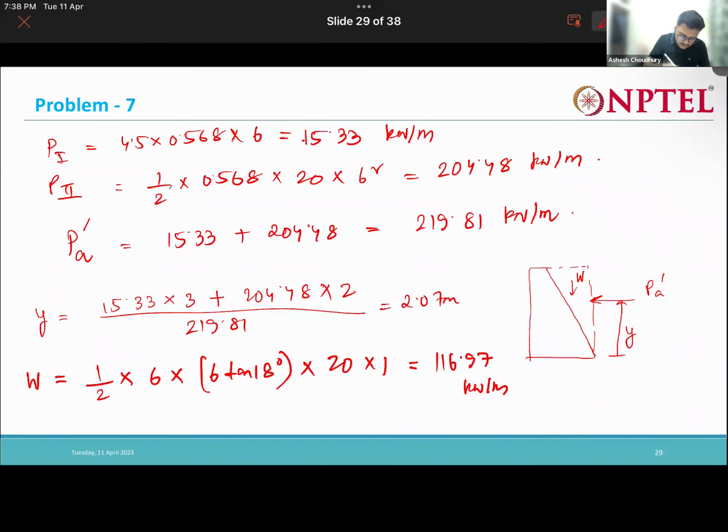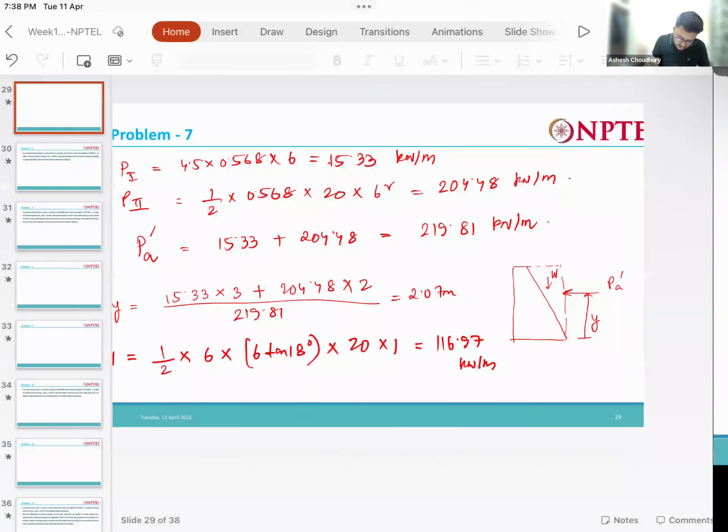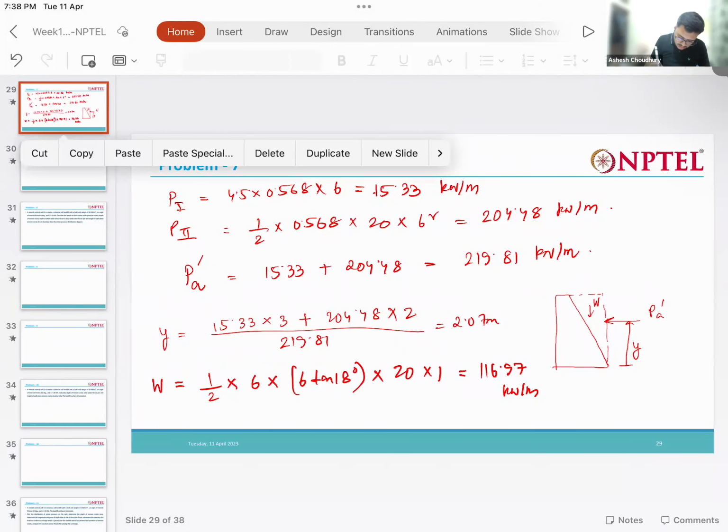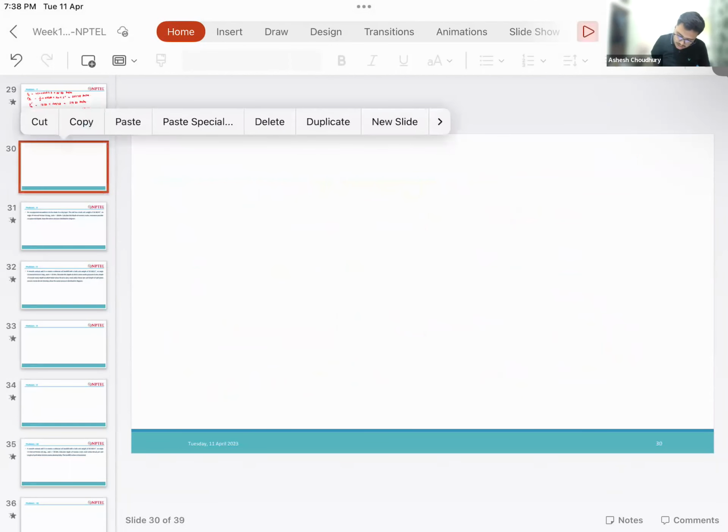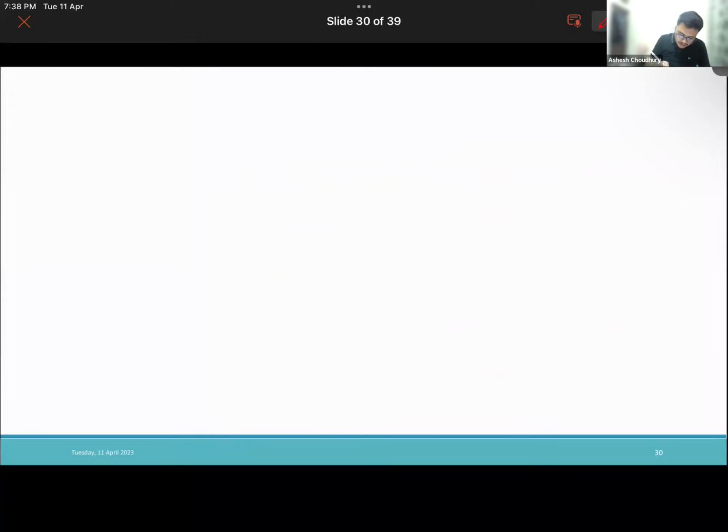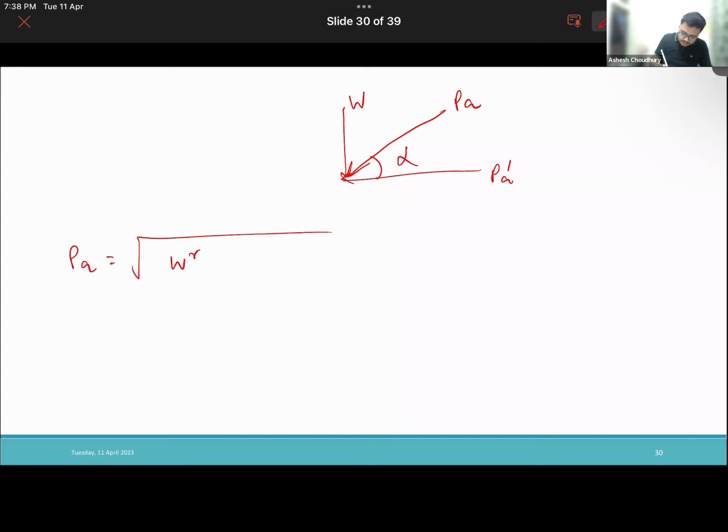So this is PA dash, this is my W. So this PA is acting actually here at angle alpha. So PA is nothing but root over W square plus PA dash square.